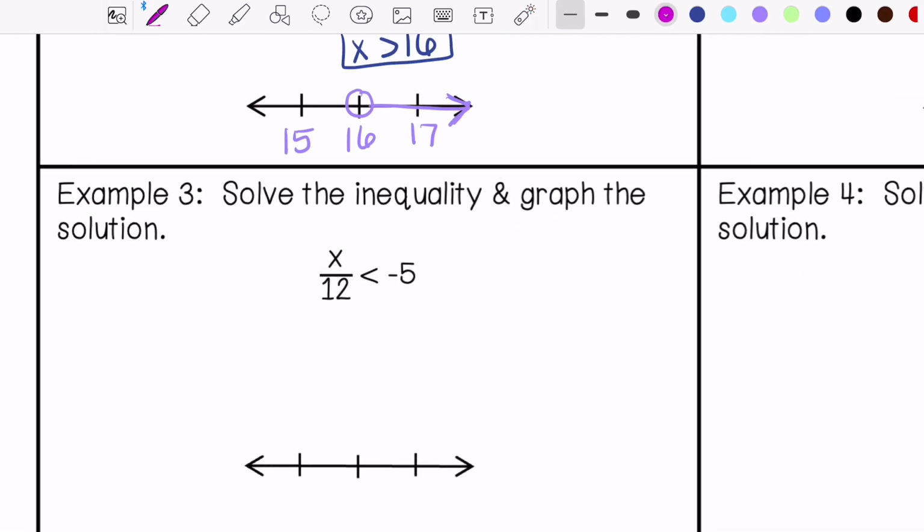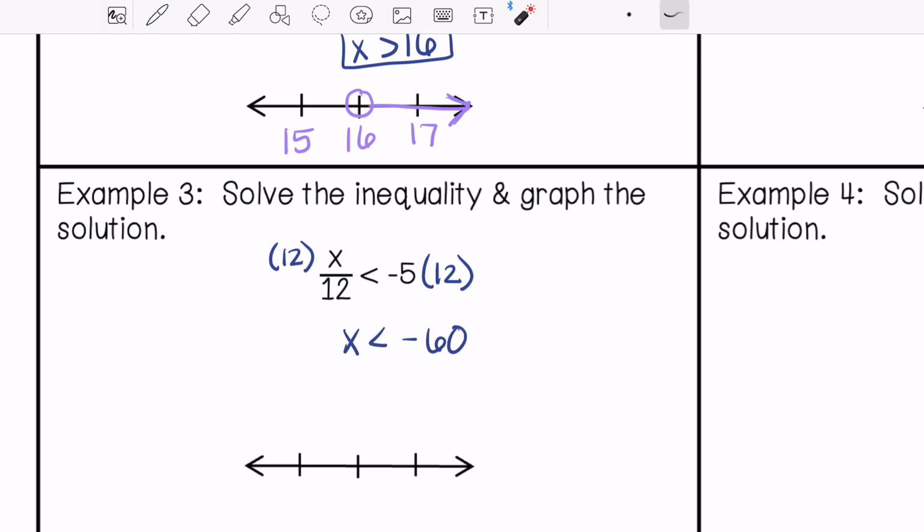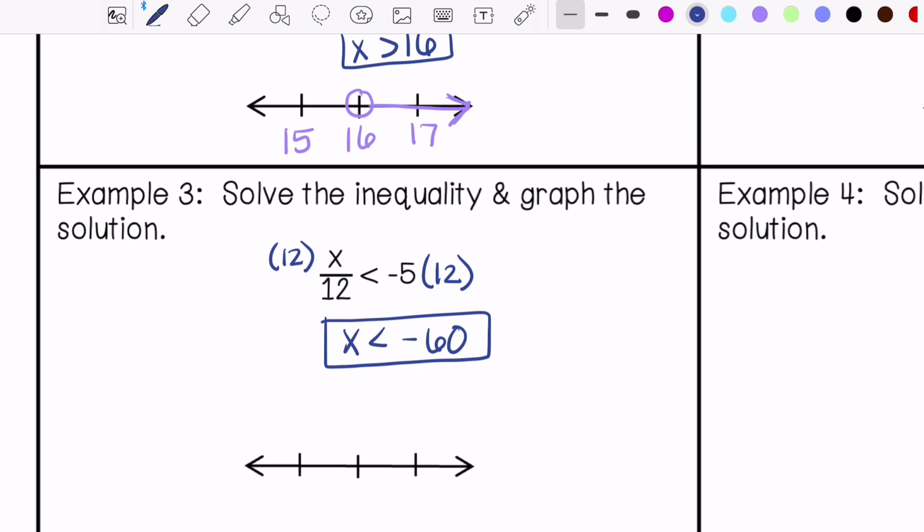All right, x is being divided by 12, so we are going to multiply. Negative times a positive is a negative. And this number is not negative, so we are not flipping the inequality sign. I need to pick a number less than negative 60.